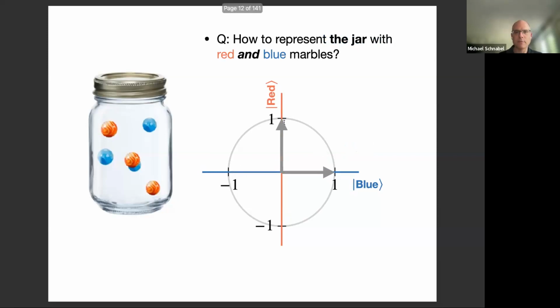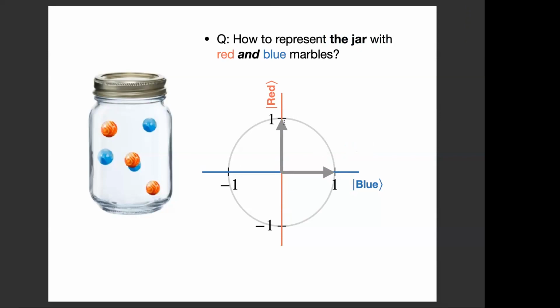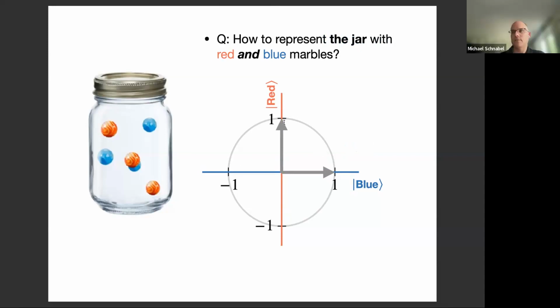And now, how to represent the jar with the red and blue marbles? So, what would you do? You'd have 1 over root 2 red plus 1 over root 2 blue. Yeah, this is already the quantum idea. And I mean, it's good, and in a sense, I wanted to provoke exactly this. Thanks for answering.